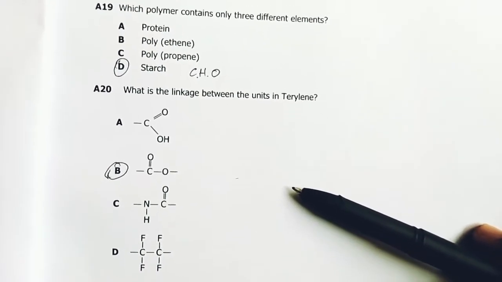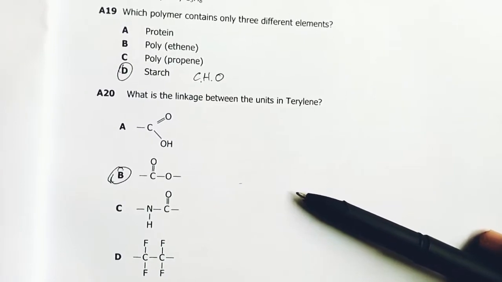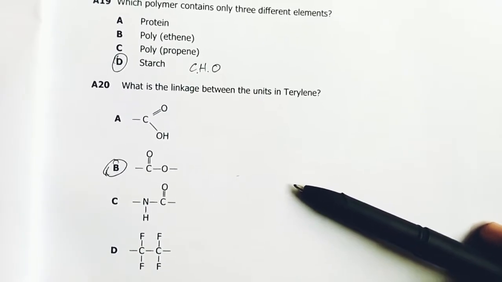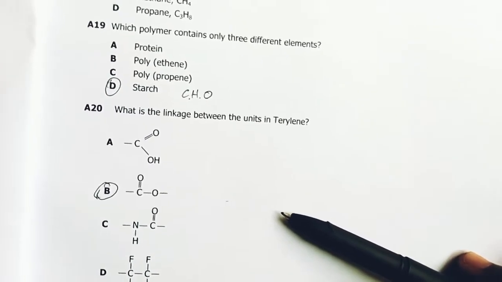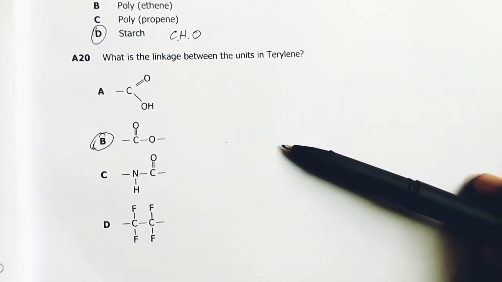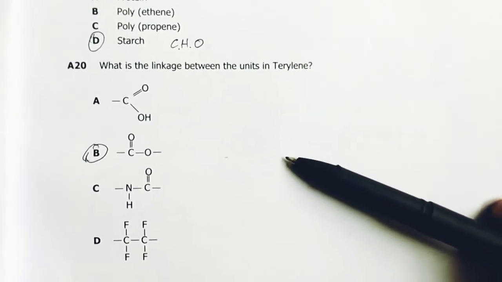And apart from that, you react a dicarboxylic acid and a diol, meaning double alcohol. And on each end, these 2 molecules join to each other.